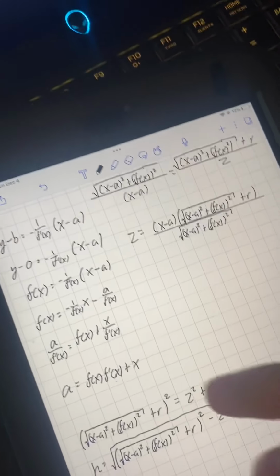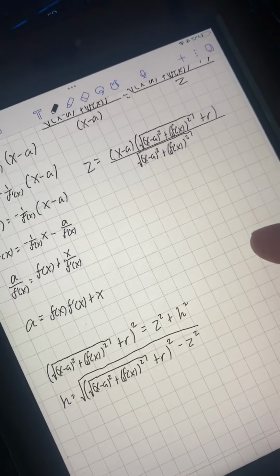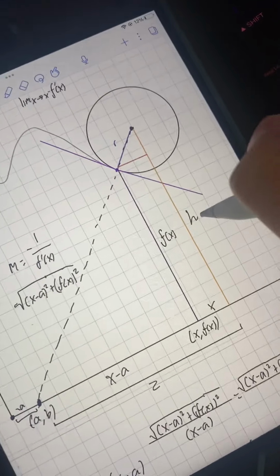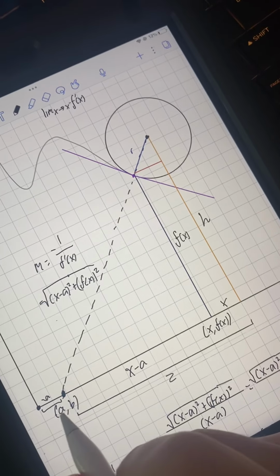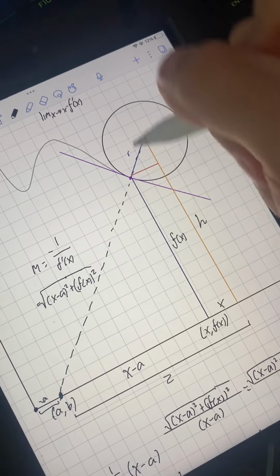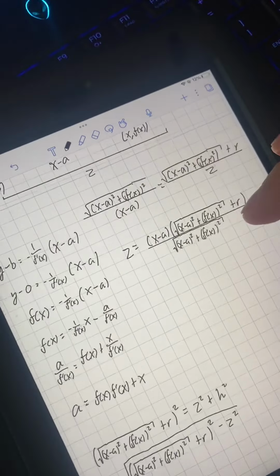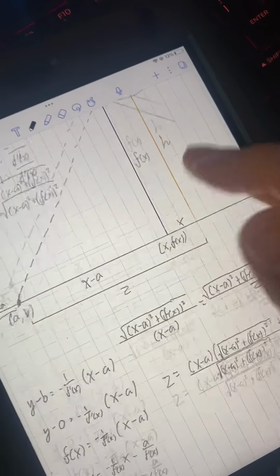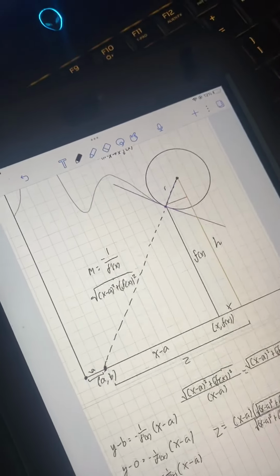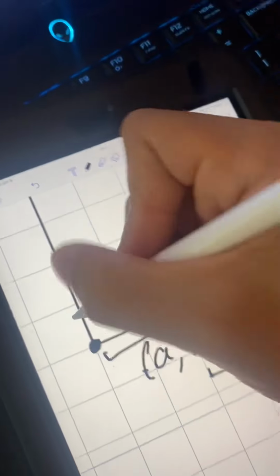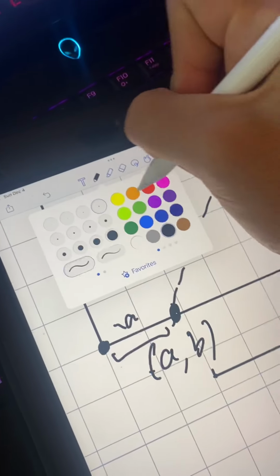So now I know h, I know z, I know a. So knowing that, now all I have to do is know that if I have my circle over here, right? I'm going to draw it in a different color.